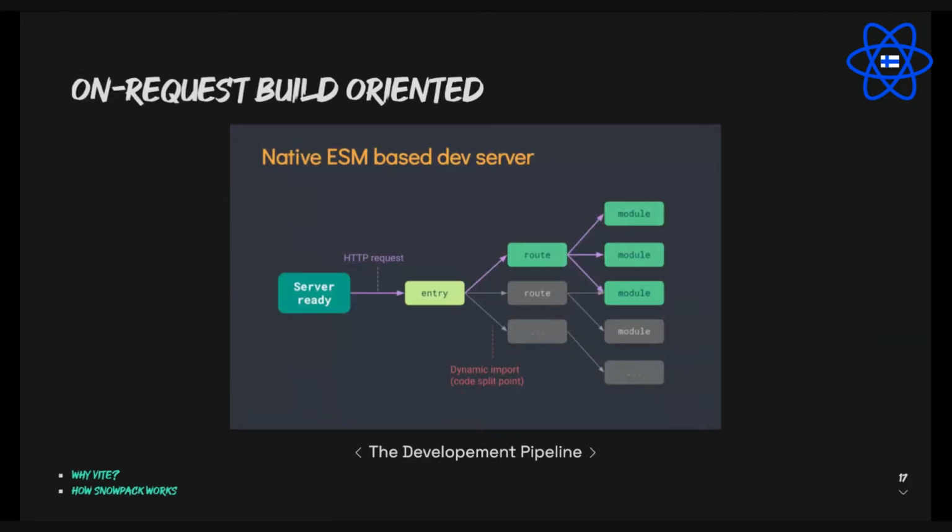So basically, how does it work behind it? This is the schema from the Vite project. Vite is this kind of bare modules tool developed by the Vue community. Each time you start a new project with Vite, the server is directly ready, and each time you have an HTTP request, the server analyzes the route that you are using, and from this route it deduces the different modules in your dependency tree and serves them directly.